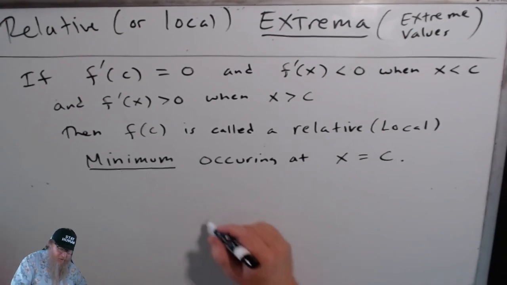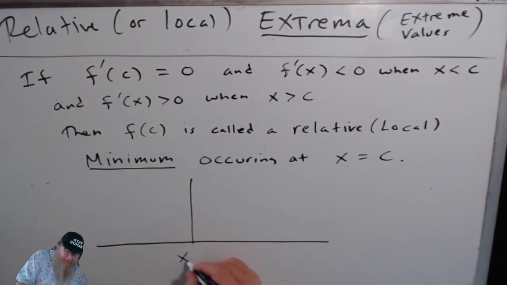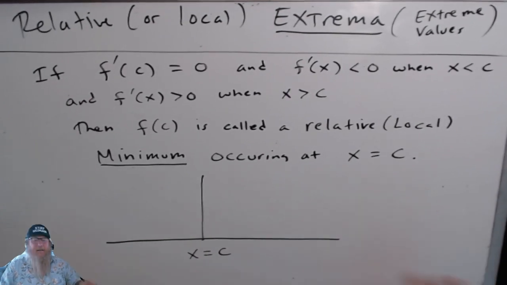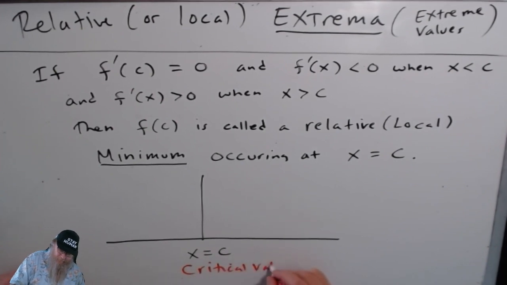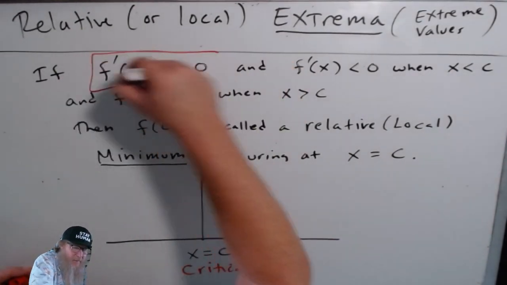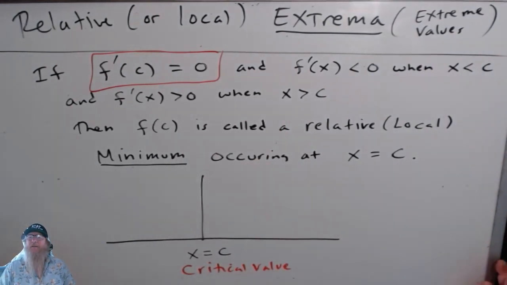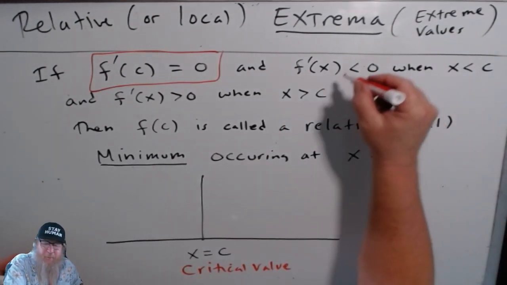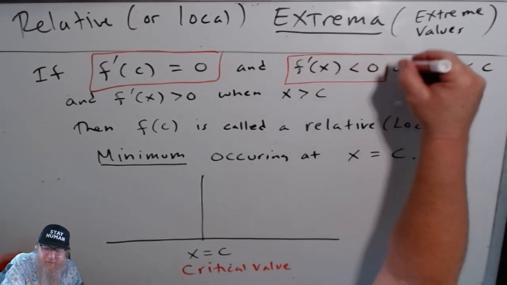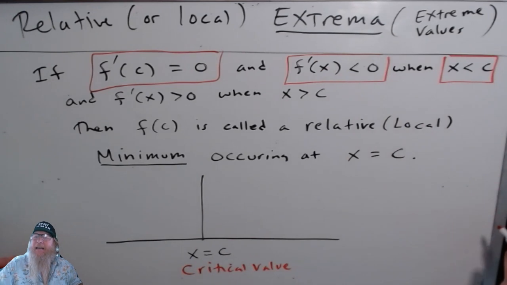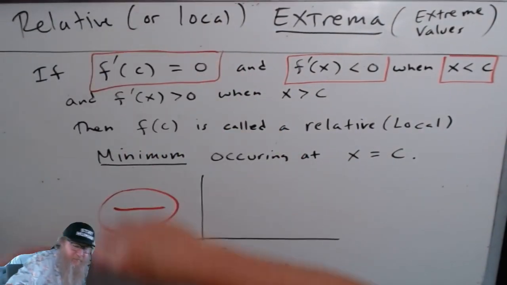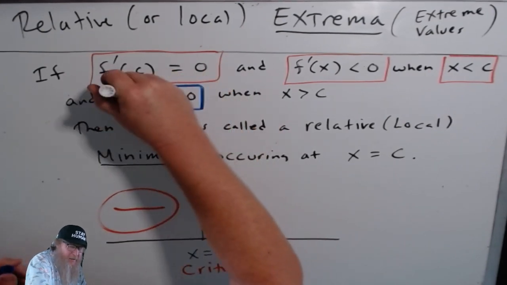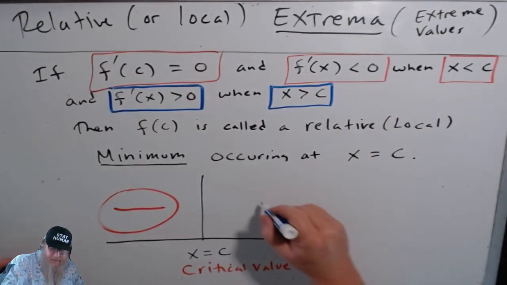All right. In other words, when you do the sign test, c is a critical value, because the derivative is 0. f prime of x is less than 0 when x is less than c. That means that this side is negative. f prime of x is greater than 0 when x is greater than c.